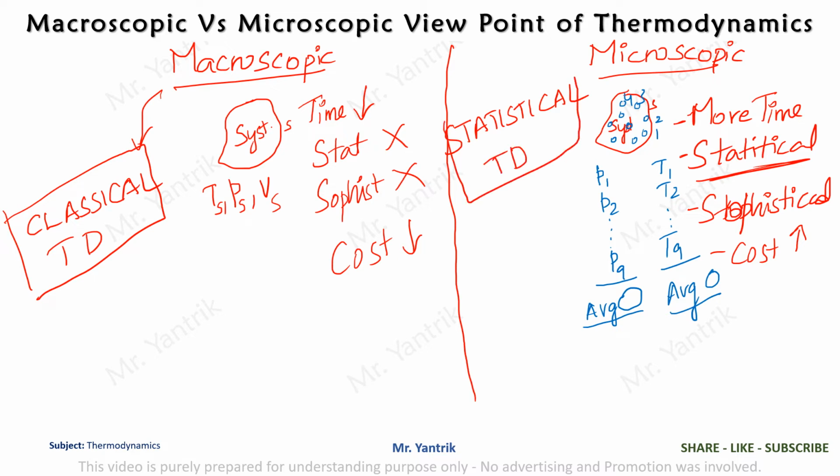After understanding this content, we can understand that classical thermodynamics is much easier and more comfortable to study than statistical thermodynamics. So, in the next classes, whatever thermodynamics we are studying is only classical thermodynamics. It is not a statistical one.